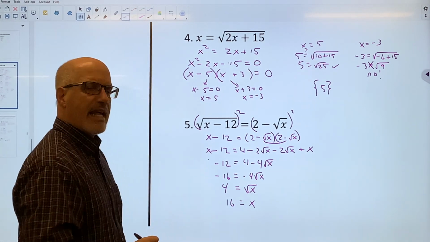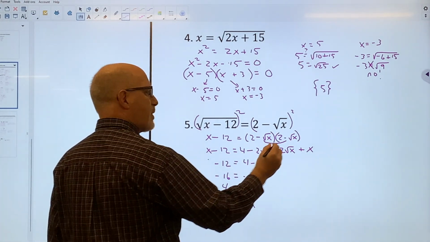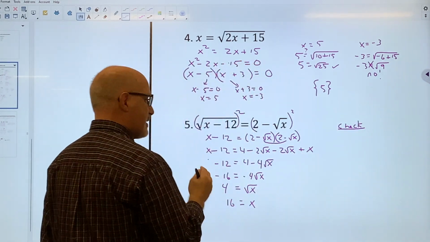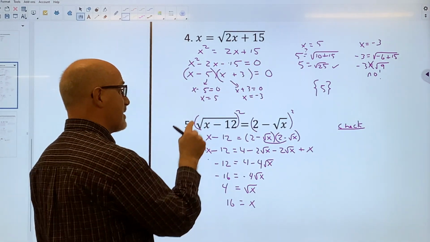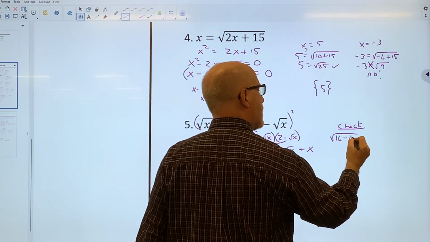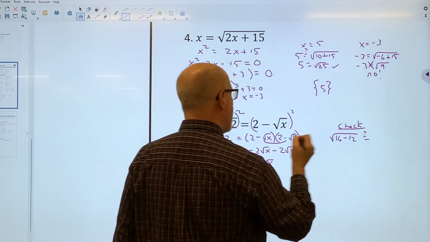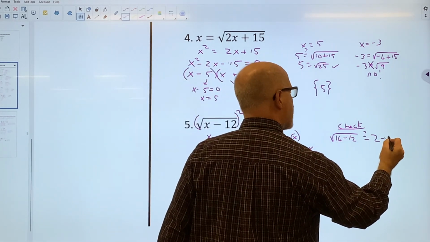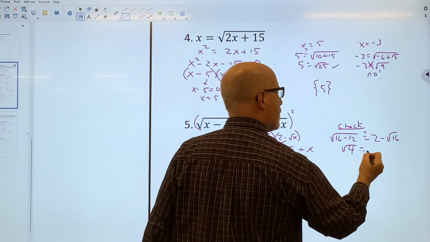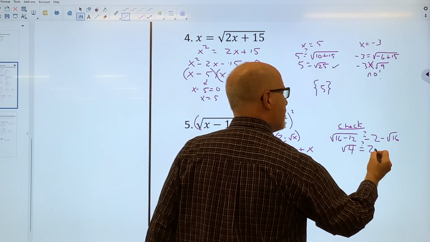Now let's check that out to see if it works. Sometimes it will work and sometimes it doesn't. Let's check it out in the original. Square root of 16 minus 12, does that equal 2 minus the square root of 16? Does the square root of 4 equal 2 minus 4?